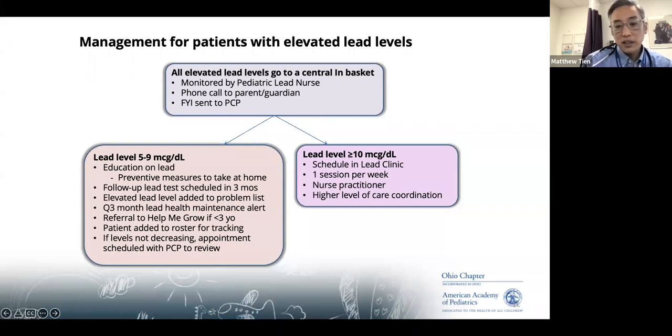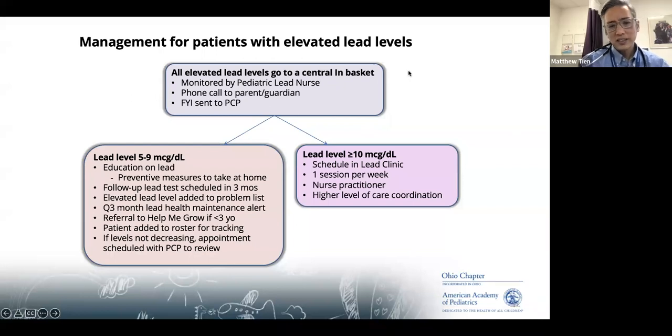The main thing that happens there is a higher level of care coordination. As Dr. Newman mentioned, there's not tons of medical intervention that usually happens, but trying to get the public health interventions and the resources into place so that the lead level can be reduced as quickly as possible is the goal of our higher level of care coordination in the lead clinic.